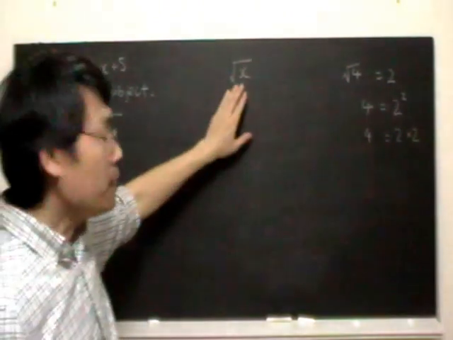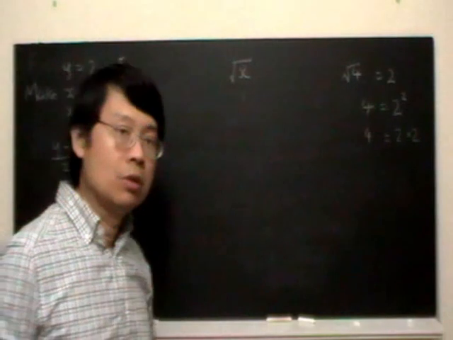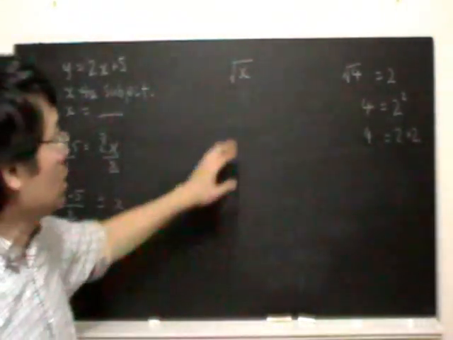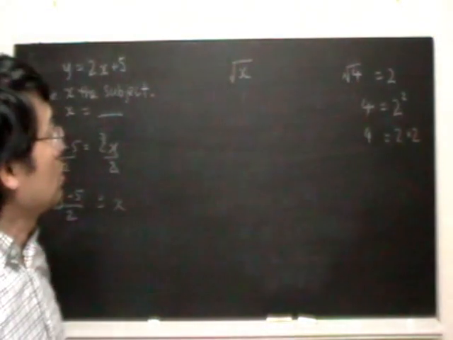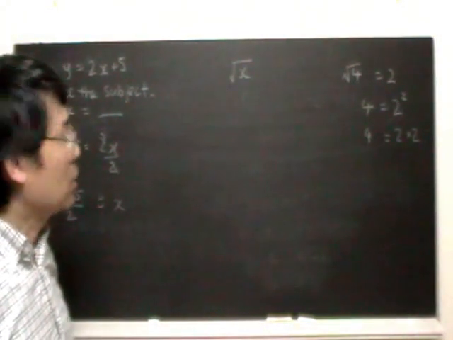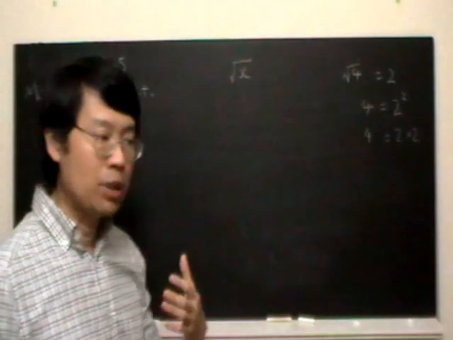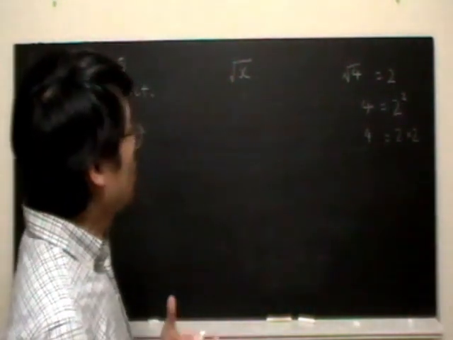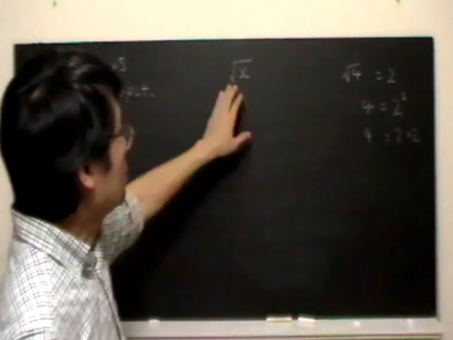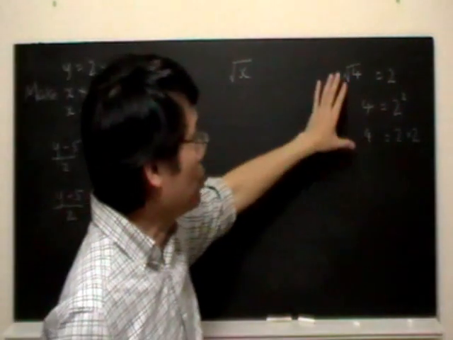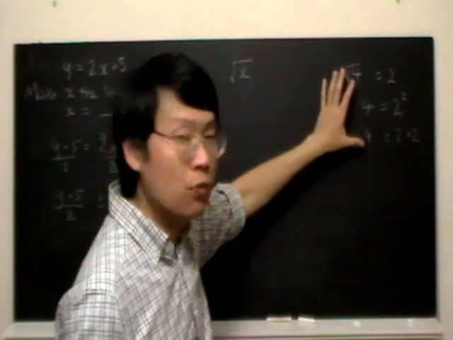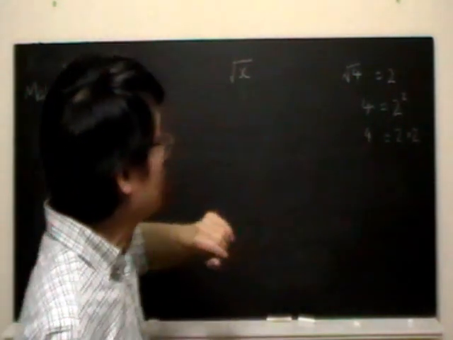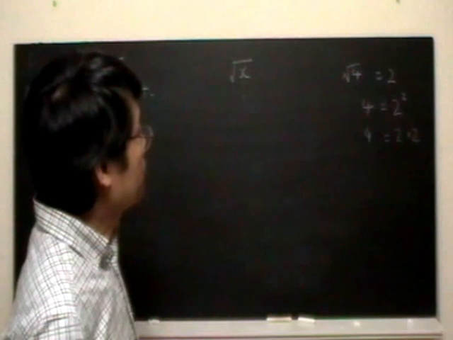And in algebra, we will often see the square root sign, and we can do things to this if we understand how it works for numbers. We can take over the ideas from numbers in algebra.